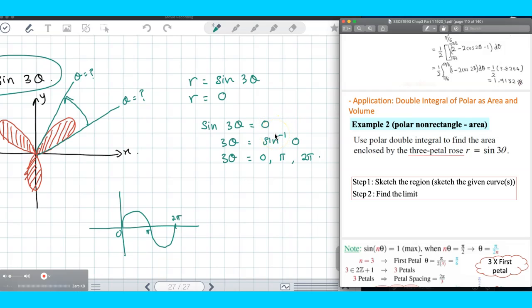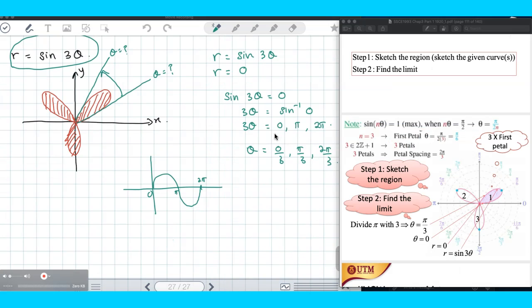So theta is 0 over 3, pi over 3, 2 pi over 3. Pi over 3 is still in the first quadrant, and 0 also, but not 2 pi over 3, because 2 pi over 3 is 120 degrees, somewhere here. So this one is excluded. The most appropriate theta that we have here is 0 and pi over 3.